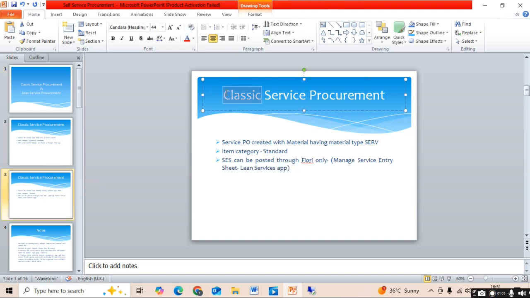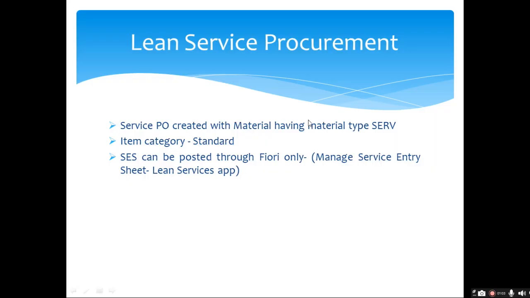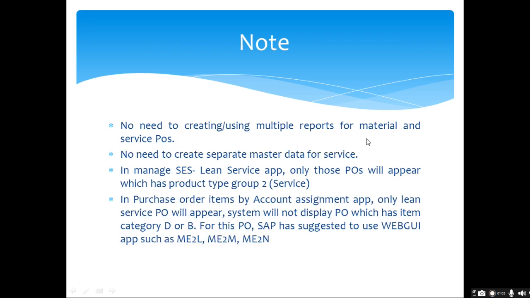In case of lean service procurement, service POs are created with a material having material type ACRV, the item category will be standard, and in case of lean service POs, the service entry will be posted through a Fiori application, and that application is Manage Service Entry Sheet Lean Services.